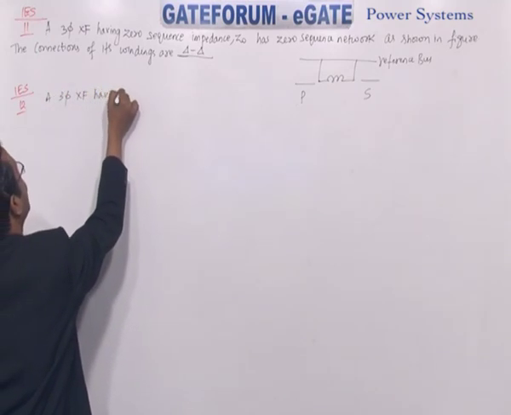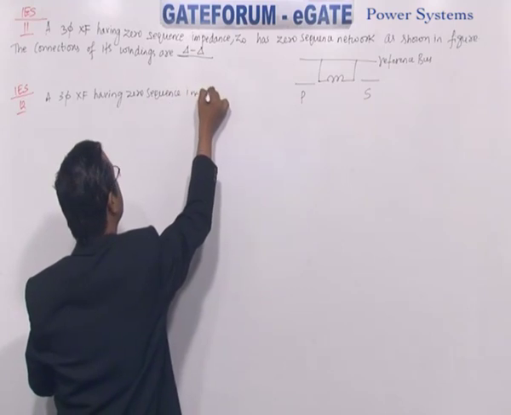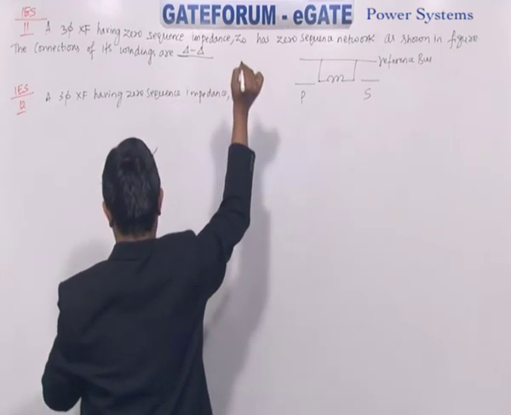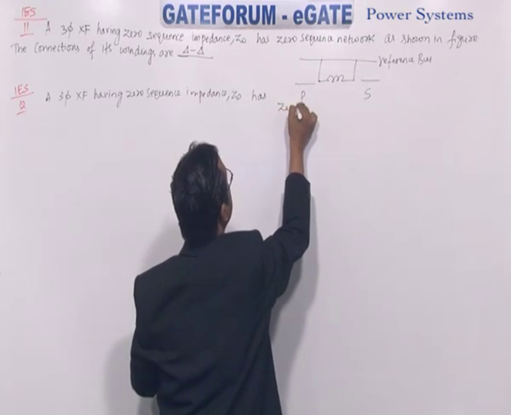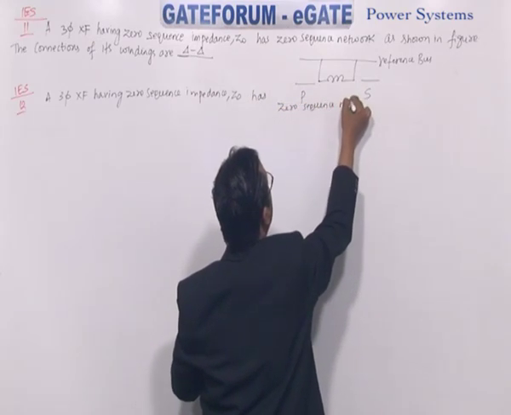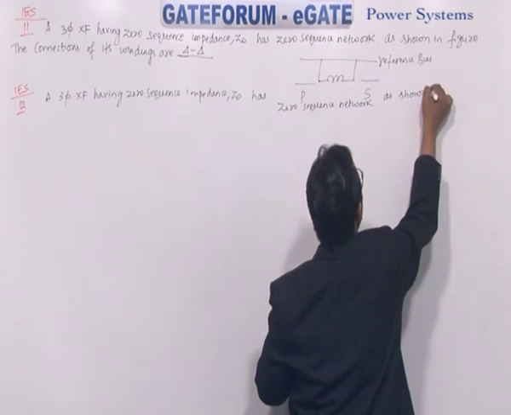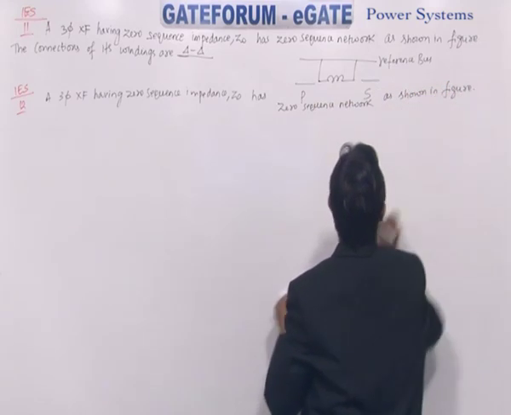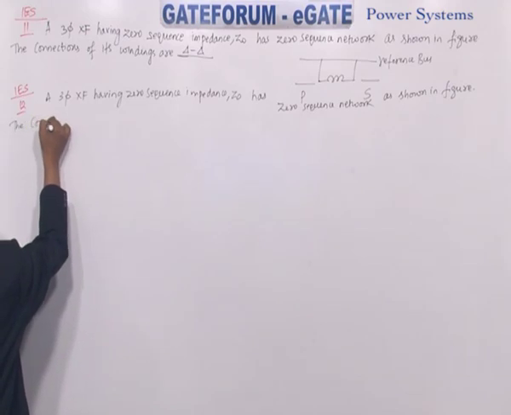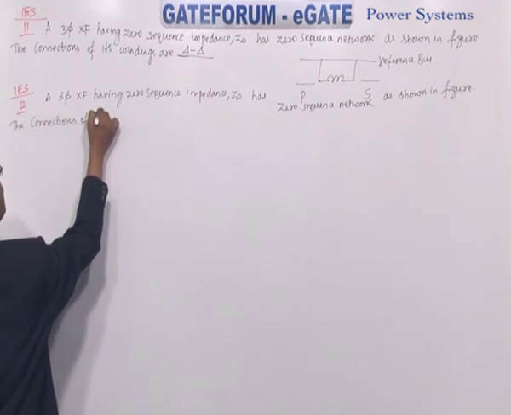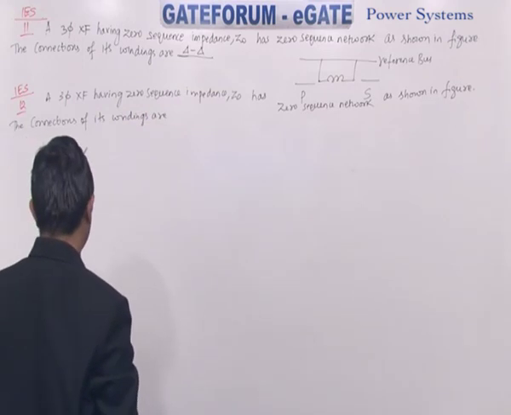A three-phase transformer having zero sequence impedance Z0 has zero sequence network as shown in the figure. The connections of its windings are.